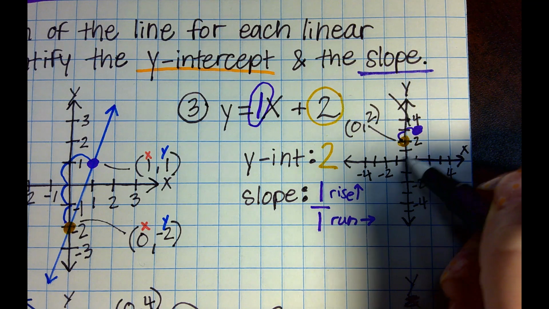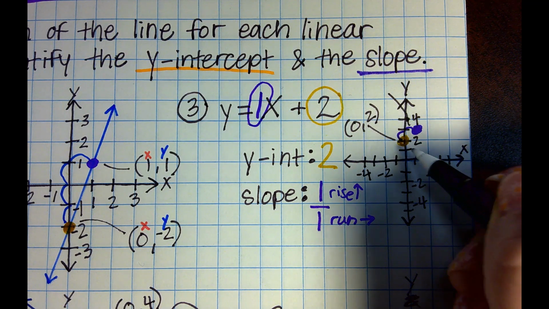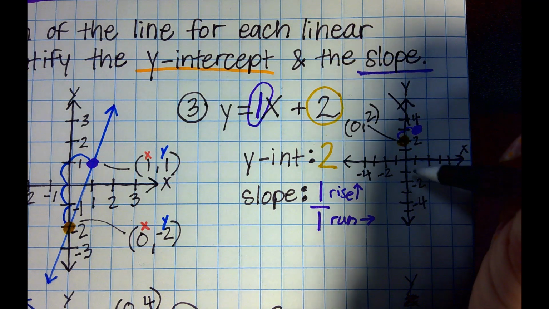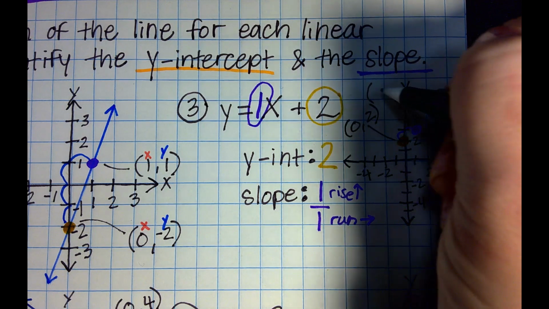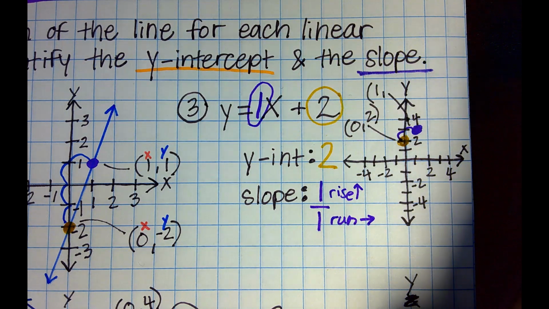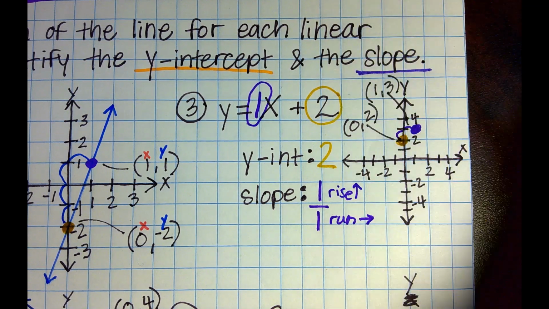Let's see, it's over 1, up 1, 2, 3, because we went up 1 from 2. Oh, right. So that puts us at 1, 3. I wonder if that's why you said 3. That totally makes sense. No, that's totally okay.